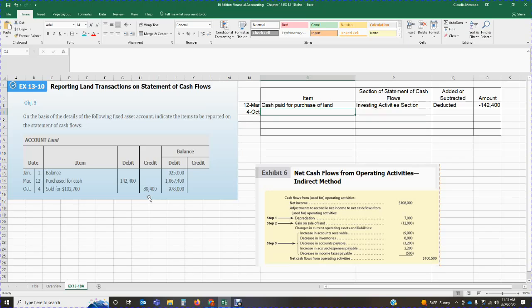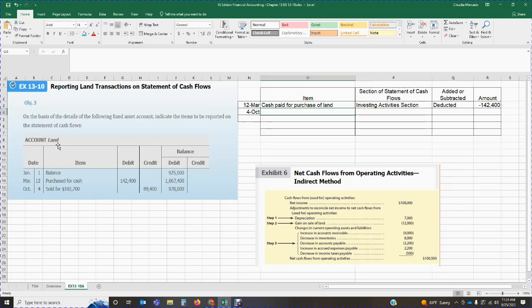So, in this particular case, the land cost me $89,400. That is how much I'm going to clear my account for. In my land account, I am going to clear my asset for the amount that it cost me. I sold it for 102, but when I clear my land, I'm going to clear it only for the value that I originally purchased it. Okay? That is when we're talking about land.